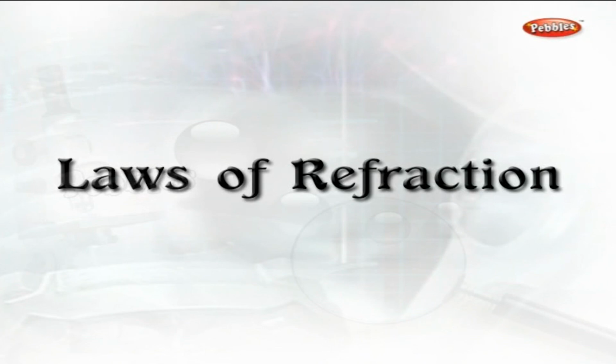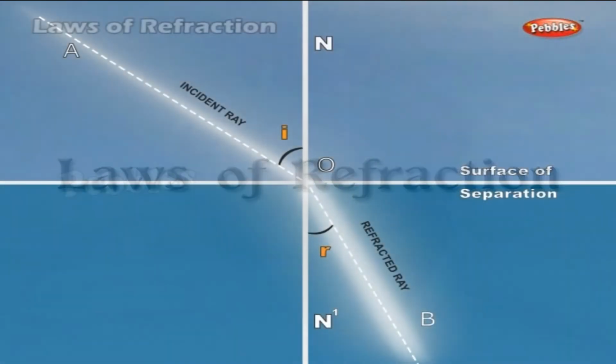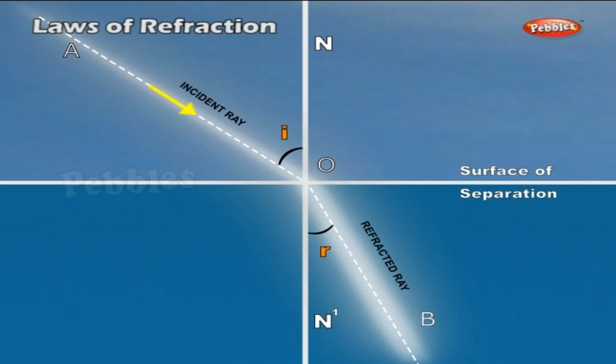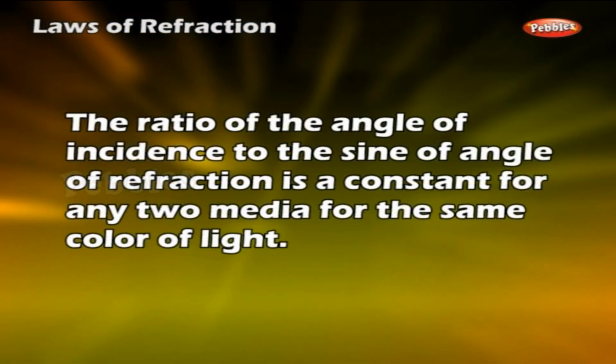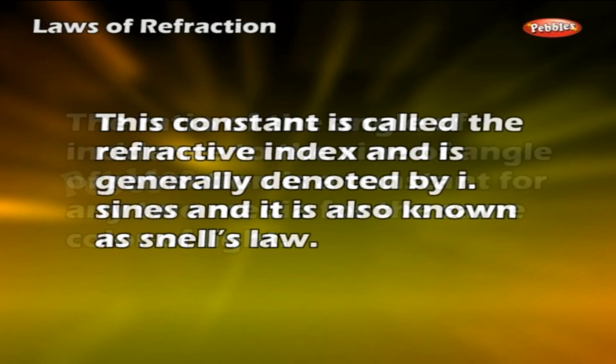Laws of refraction. The incident ray, the refracted ray, and the normal at the point of incidence all lie in the same plane. The ratio of the sine of the angle of incidence to the sine of the angle of refraction is a constant for any two media for the same color of light.